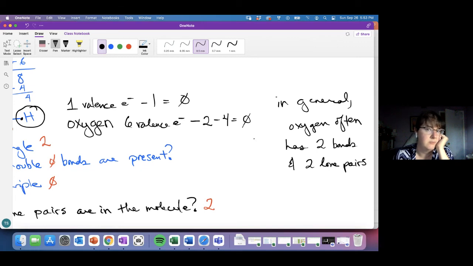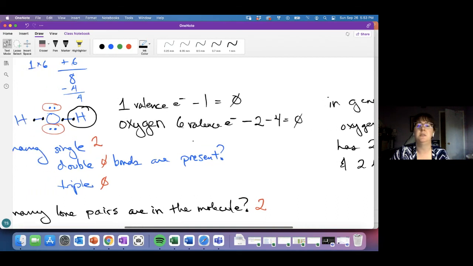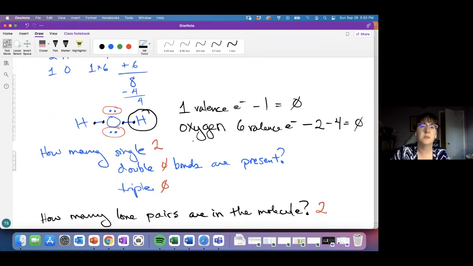That is the normal state of oxygen. So sometimes that's a double bond and 2 lone pairs. Sometimes that's 2 single bonds and 2 lone pairs. And it doesn't mean that that's its only option, but a lot of times for things like formal charge, again, the more Lewis structures you practice, the more you'll start to see some patterns that tend to arise.